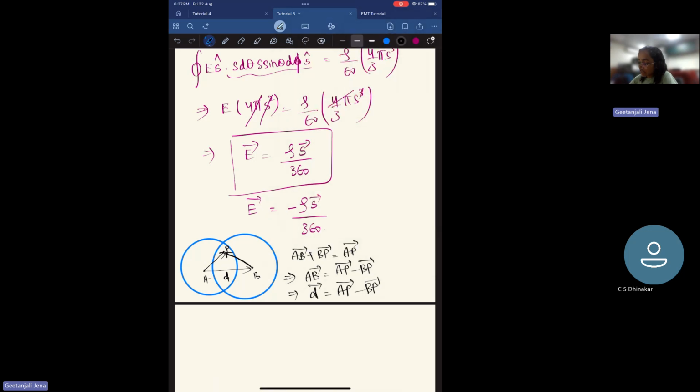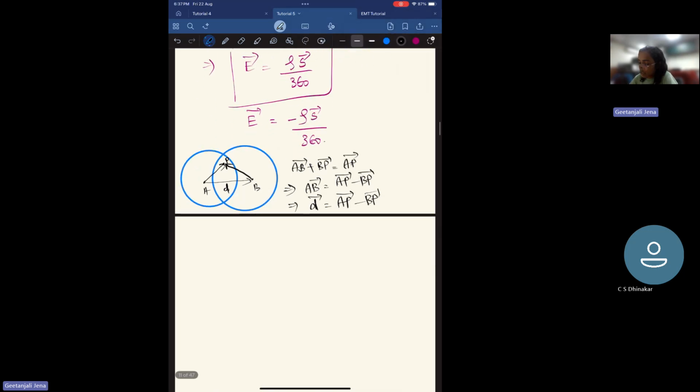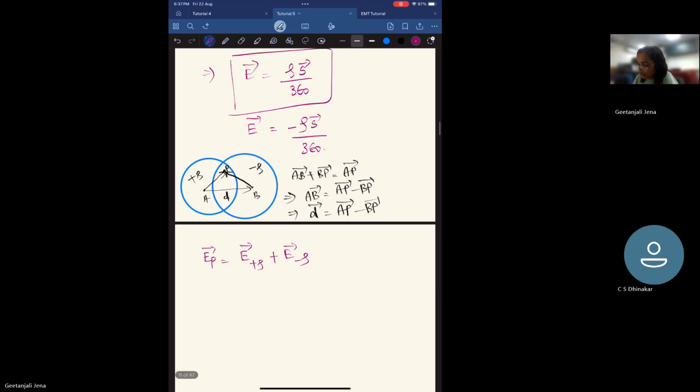The electric field at the point P will be the superposition of the electric field due to plus rho and minus rho. Because the point P is inside, we are using the expression of field inside the sphere. So E at P is E at point P due to plus rho plus E at point P due to minus rho.